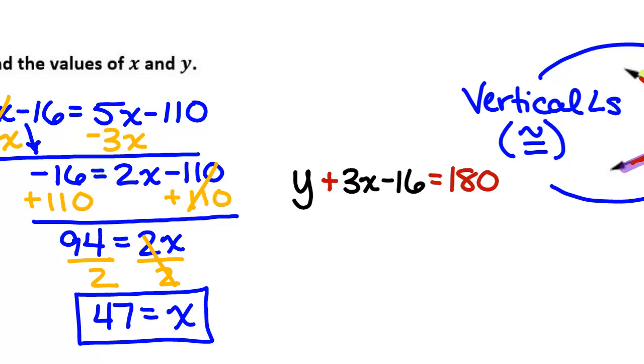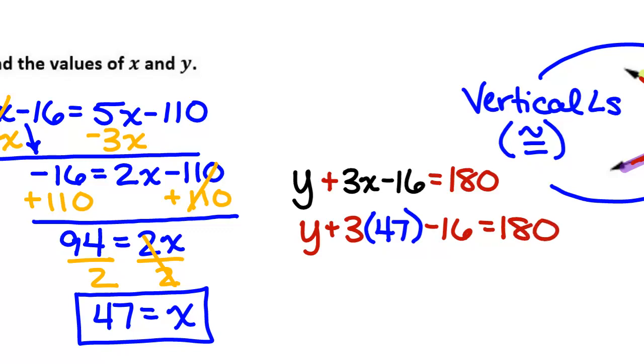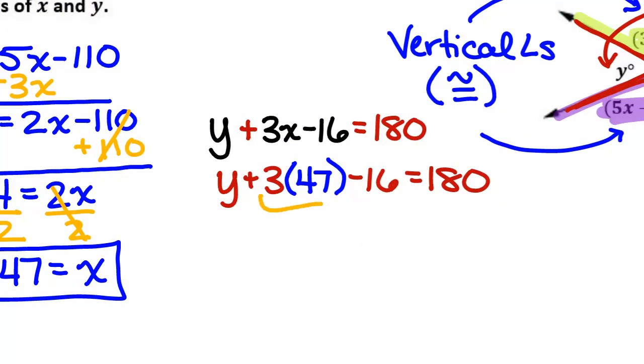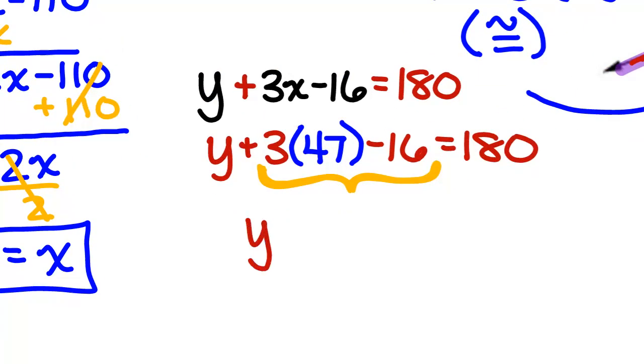We can substitute. I have y plus 3 times, what kind of substituting are we doing here? 47 in the place of x, minus 16 equals 180. Let's take the part that's the numbers, this part right here, and pop that whole thing into our calculator. 3 times 47 minus 16. 125.